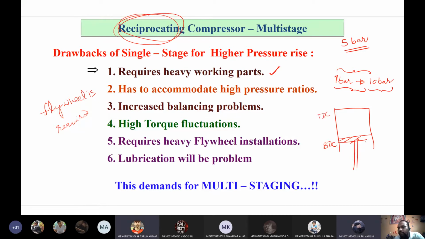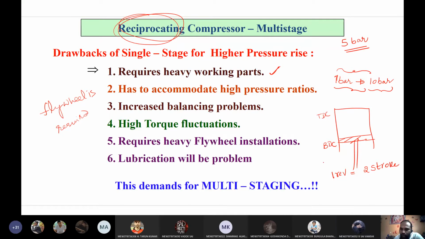It is at BDC, bottom dead center. Now, as we know, for every one revolution of the crank, how many strokes are completed? 2 strokes, right?